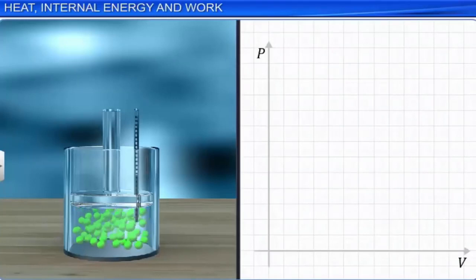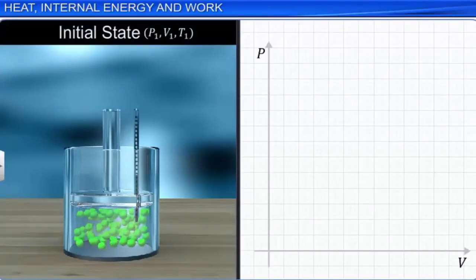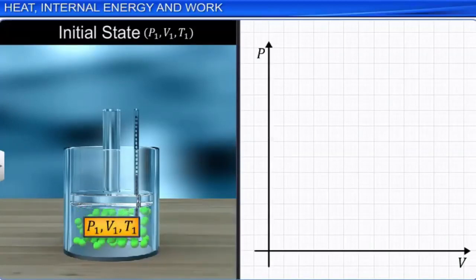For example, consider a given mass of gas at an initial state described by P1, V1, T1. Let us plot a pressure versus volume diagram for the gas and identify the initial state of the gas as A in the PV diagram.